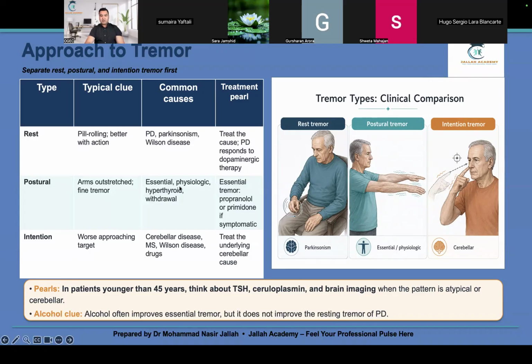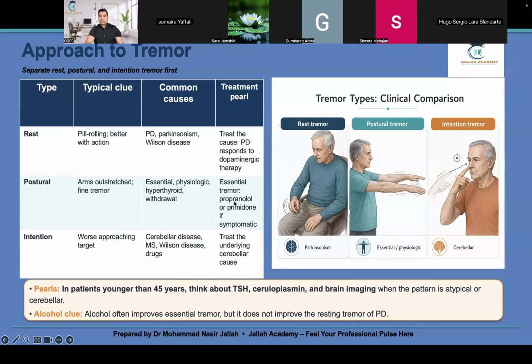Common causes: essential, physiological, hyperthyroid, and withdrawal. Beta-2, remember, if you're dealing with an asthma patient or a COPD patient, they're usually using beta-2 agonist medication. Please remember to cover this in NAC-OSCE. Okay, essential tremor: propranolol and primidone.